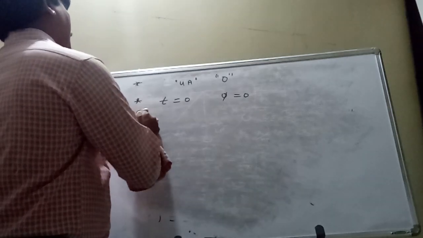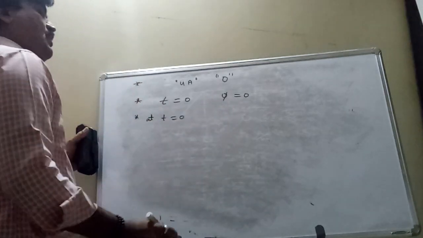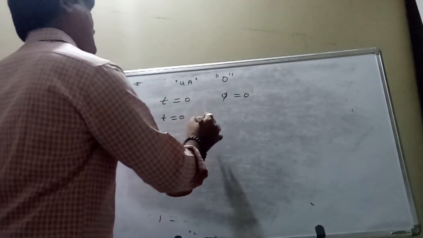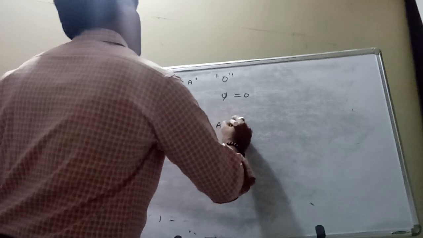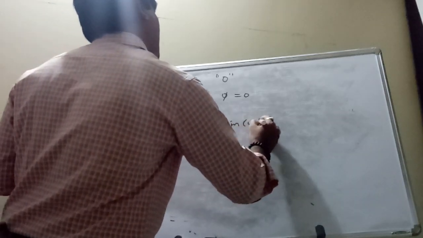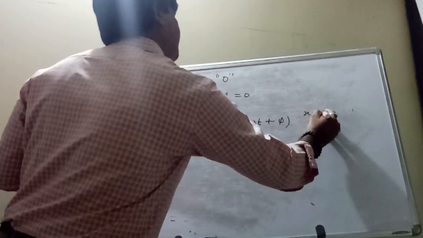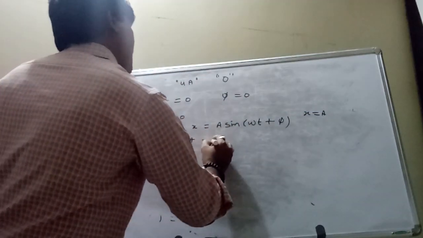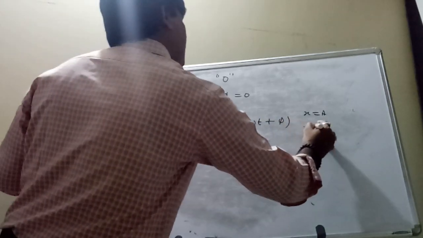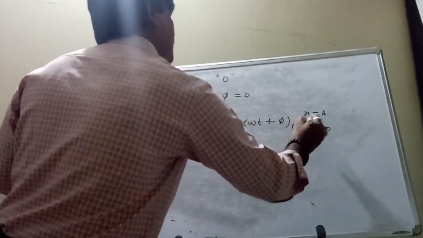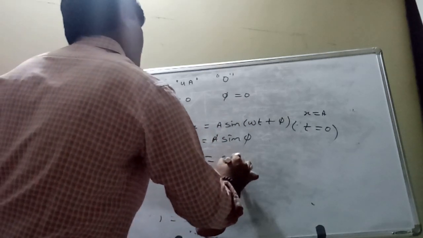At t equal to 0, the particle is at extreme position. So x is equal to a sin(omega t plus phi). Since x is equal to a at t equal to 0, a is equal to a sin phi. So a cancels, 1 equal to sin phi.